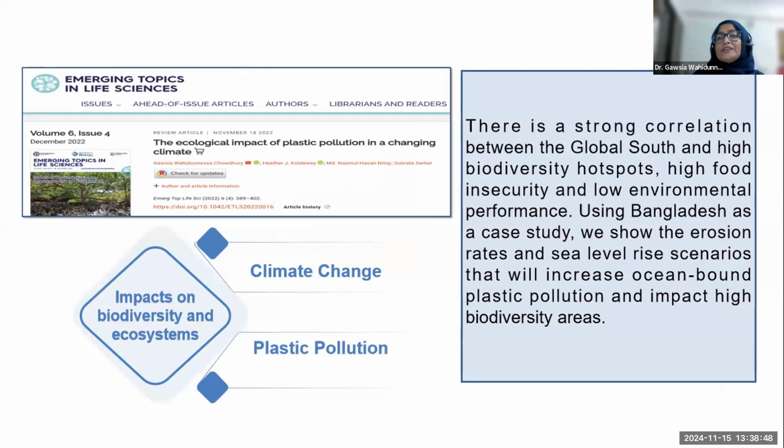There is a strong correlation between the global south, high biodiversity hotspots, high food insecurity, and low environmental performance. Using Bangladesh as a case study, we show the erosion rates and sea level rise scenarios that will increase the ocean-bound plastic pollution, and finally impact the high biodiversity areas.